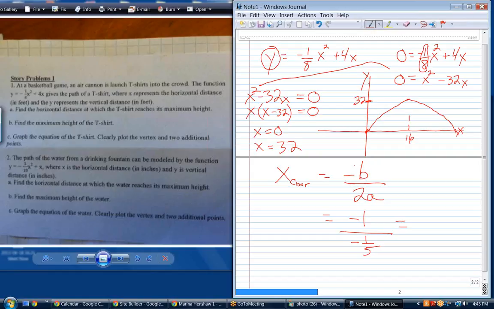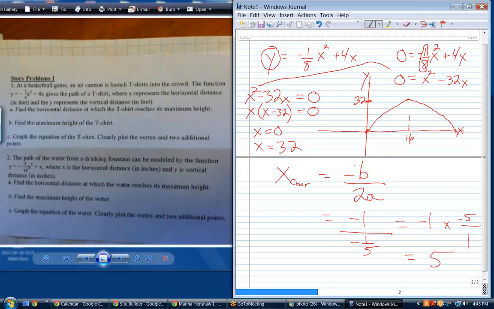You flip it and multiply. In other words, negative 1 divided by negative 1/5 is the same as negative 1 multiplied by negative 5 over 1. And now I just multiply numerators and denominators and I get 5.